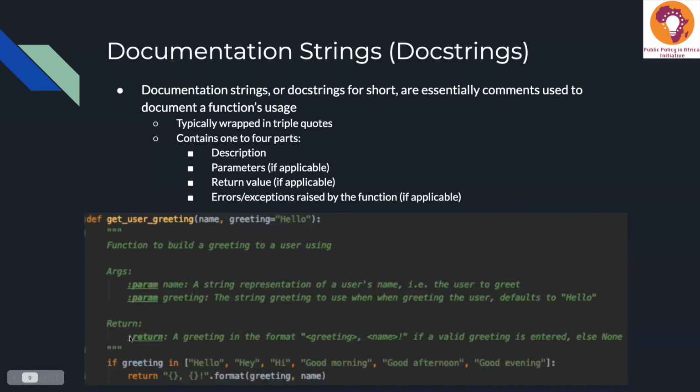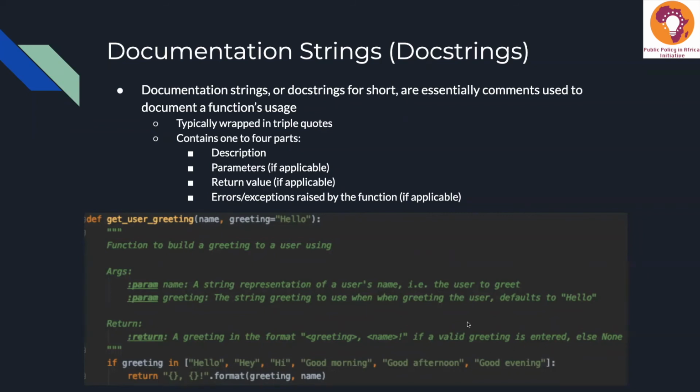And then return. So I have a return section here. Again, the colon return colon. This is something you should have in yours, and it's a greeting in the format greeting comma name exclamation point, if a valid greeting is entered, else none. So here you want to specify all the possible return values. In this particular case, this will return the string greeting name in the case that they entered a valid greeting.